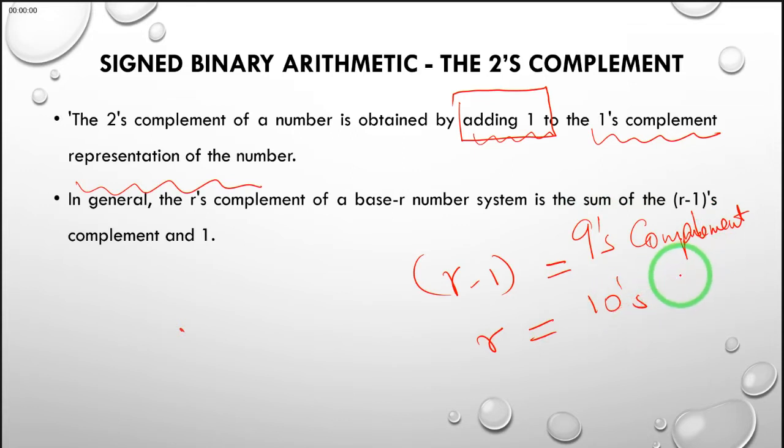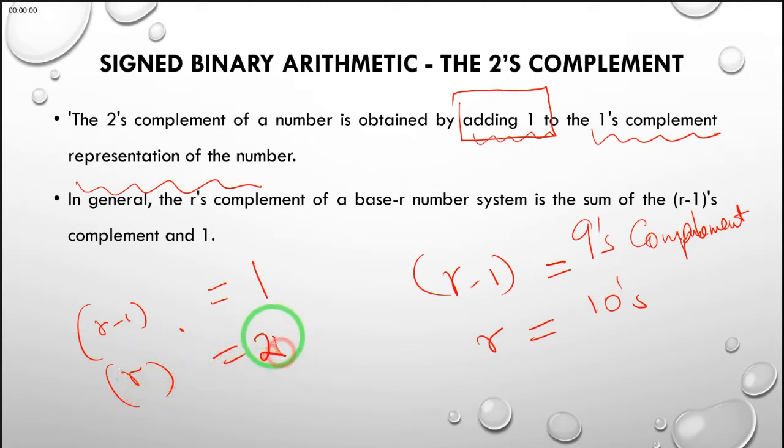The same method is followed for binary, because with binary we have 1's complement, which is equivalent to r minus 1. And therefore, the r's complement is equivalent to 2's complement, and it is obtained simply by taking the 1's complement plus 1, which is rather straightforward.